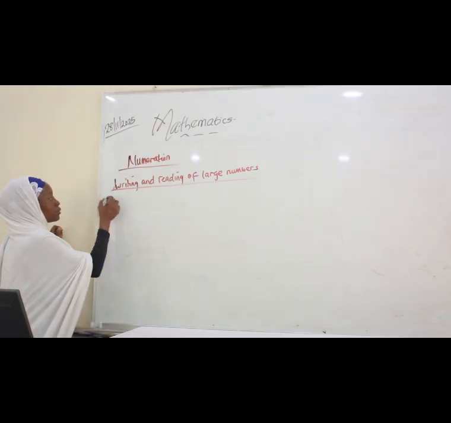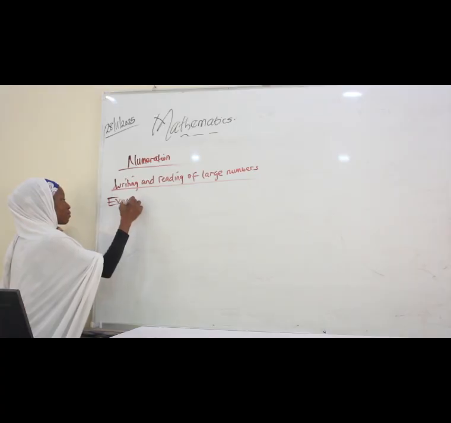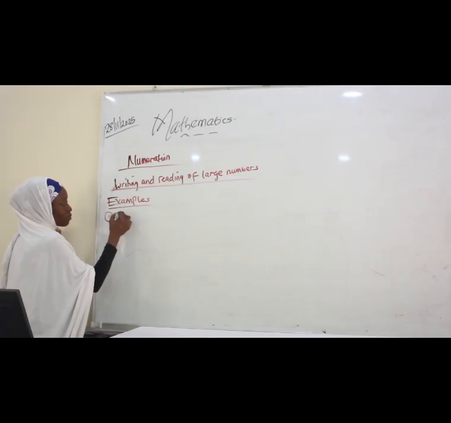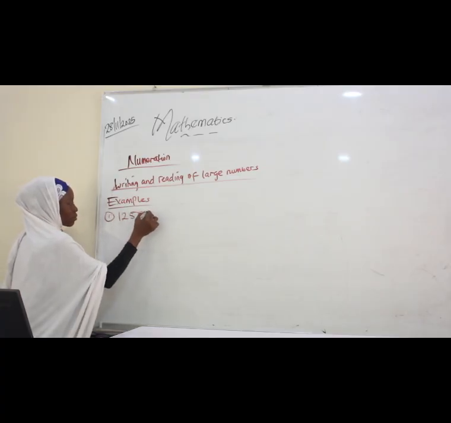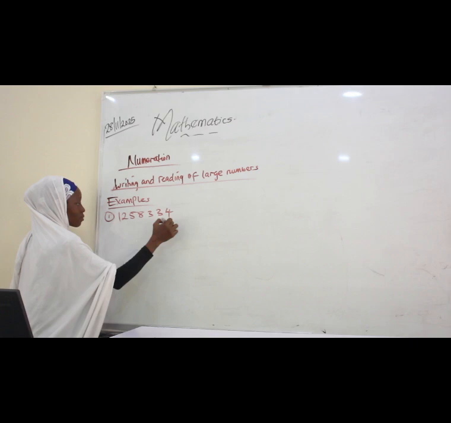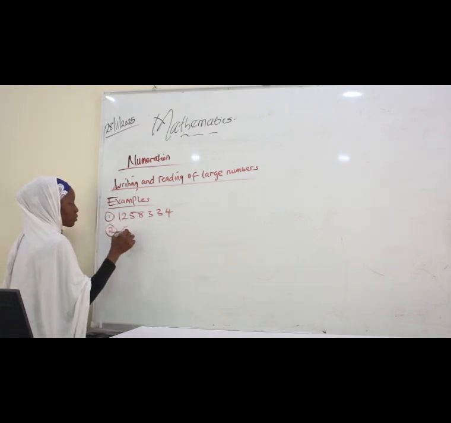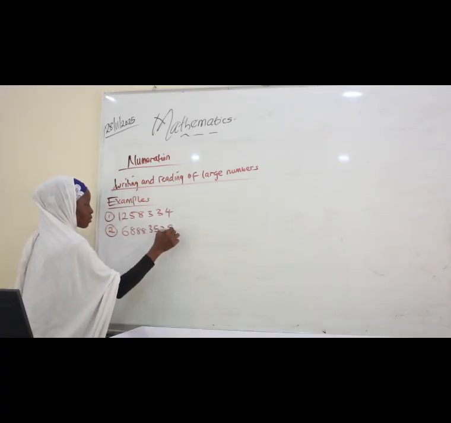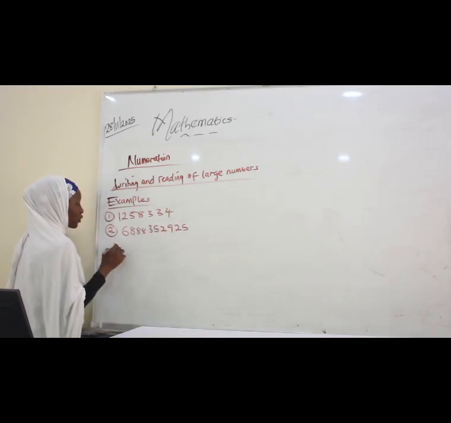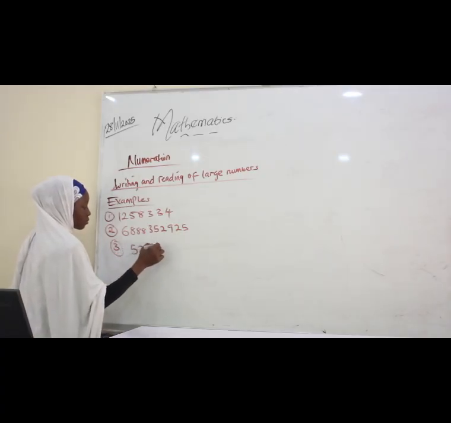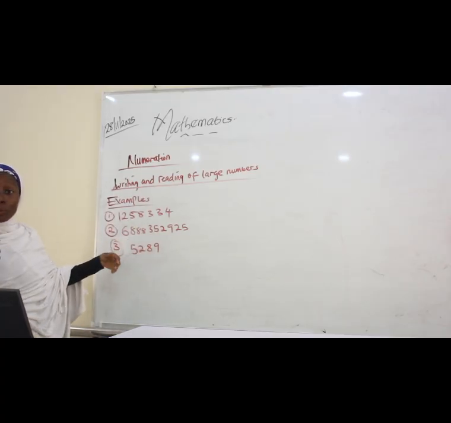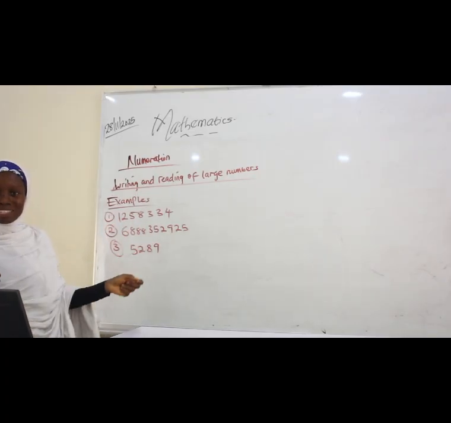For example, let's say we have 1, 2, 3. The way you are seeing these numbers on the board, will you be able to pronounce these numbers correctly?